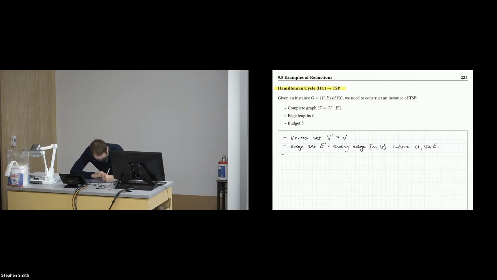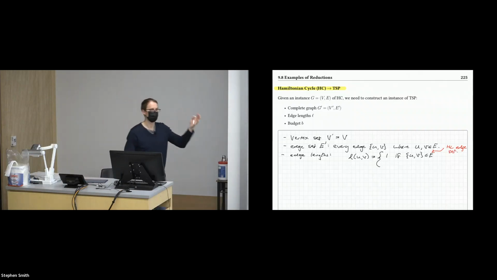And then my lengths, I'm just going to do l(u,v), the length of the edge from u to v, is, let's call it 1, if (u,v) is in E. So this is the Hamiltonian cycle edge set, right?